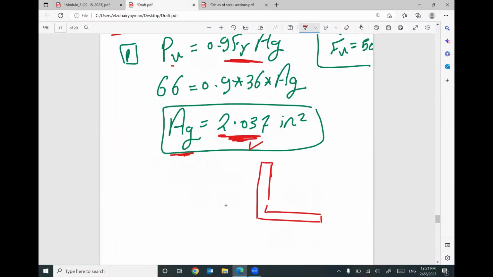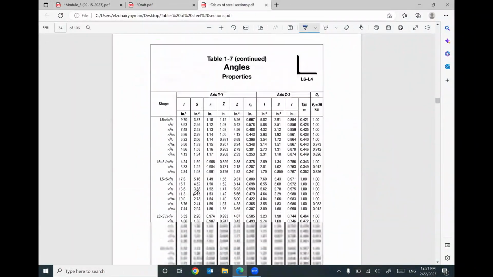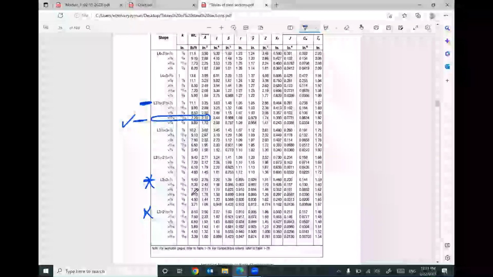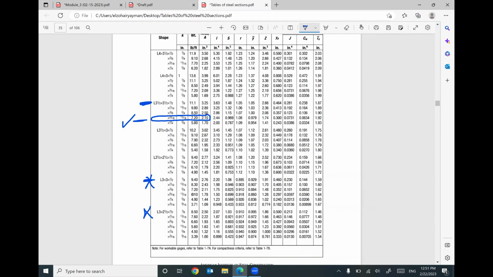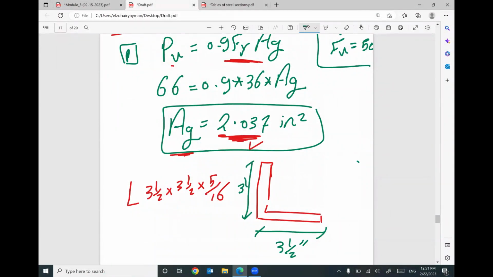So I will select, for example, an angle, and every student can have a different selection from the other student if you are not solving together. So I will select this one, 3.5 times 3.5 times 5/16. So your angle design will be, this dimension is 3.5 inch, this dimension is 3.5 inch, and the thickness is 5/16.